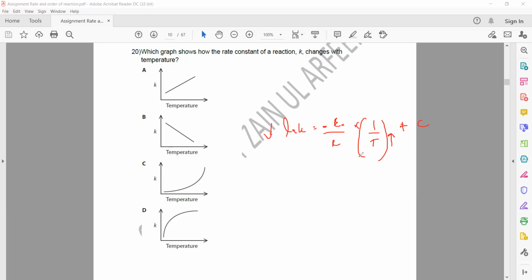If we say what is the relation between ln k and T, if the value of 1 over T is increasing, the value of ln k is decreasing. And how is the value of ln k decreasing? If we decrease the value of T, because if I take a smaller value of T, 1 over T will increase, so ln k will decrease. Is it clear?